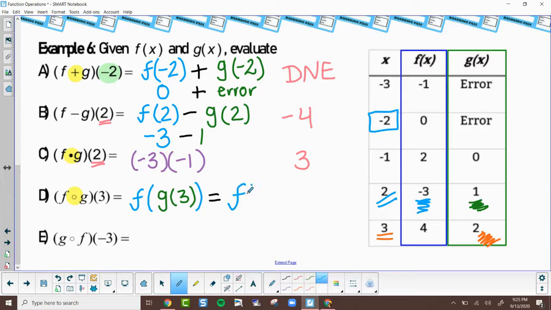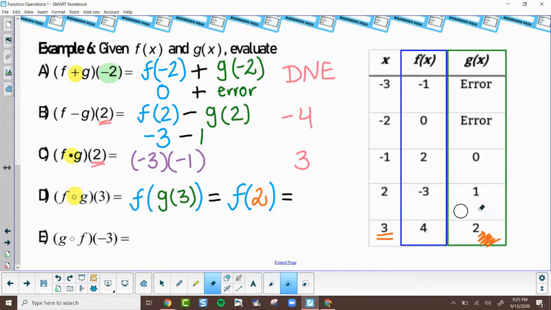So I'm going to leave f as the little skeleton, the outline, and I can plug in 2. All right, now I'm going to go to the f function, and I'm going to look here. I'm going to go ahead and clear out some of this so you can see all the originals as we're working. I'm going to plug in 2, which is right here, into f. So final answer is negative 3.